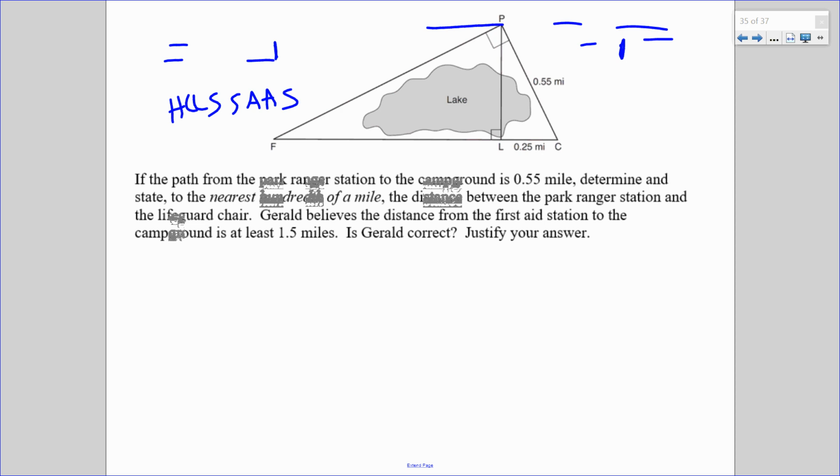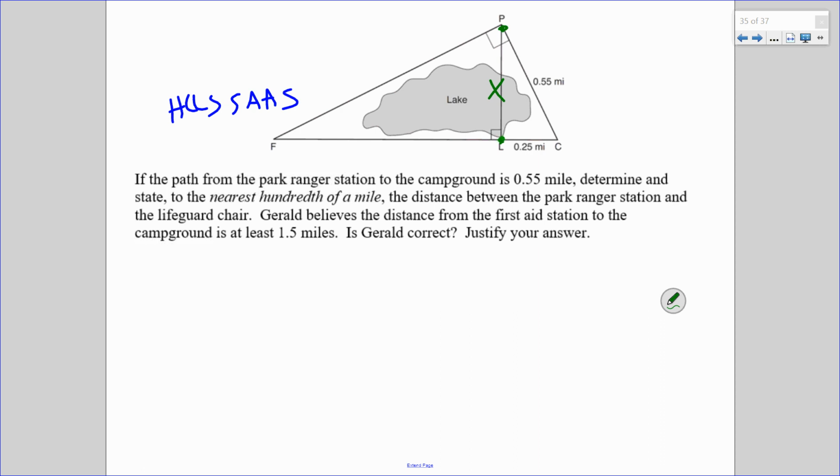Yay. I still got my health stats there. If the path from the park ranger station to the campground is 0.55 miles, I have that in the picture already. Determine and state, to the nearest hundredth of a mile, the distance between the park ranger station, P, and the lifeguard chair, L. This is what it's asking for.